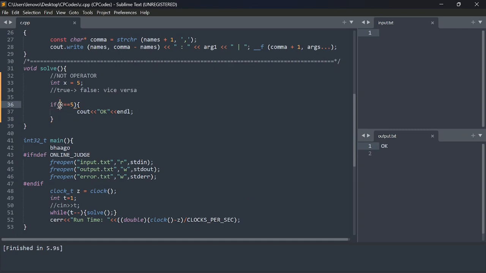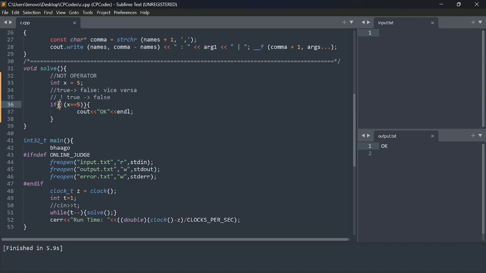But what if I do the not of this condition, that is, not of x is equal to 5? This condition is actually true, but what we have is a not. Not of true will eventually return false. So x is equal to 5 is actually true, and its not is actually false.